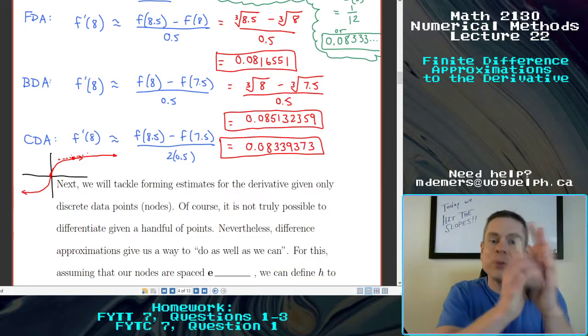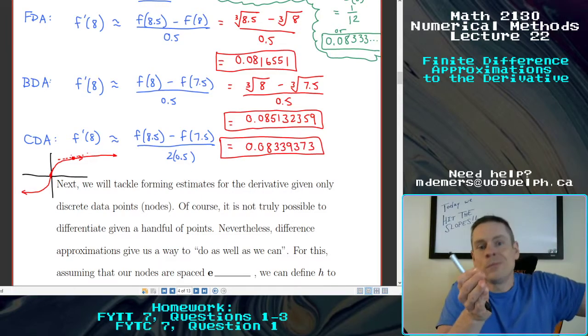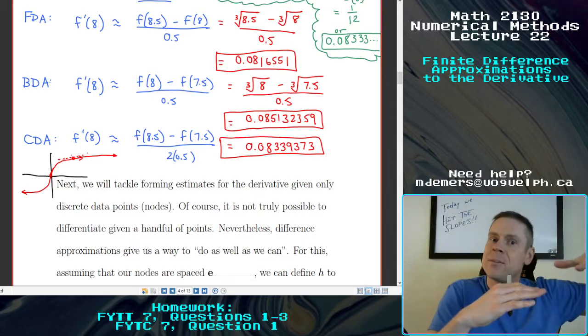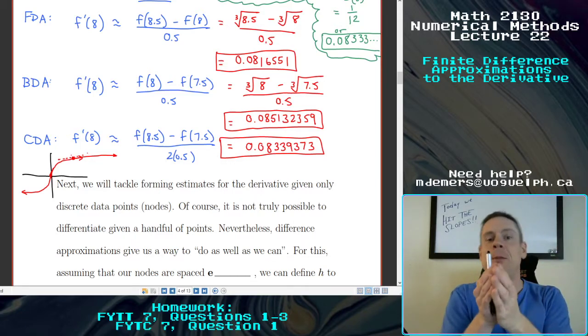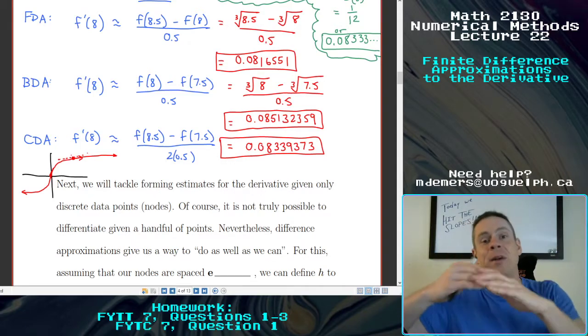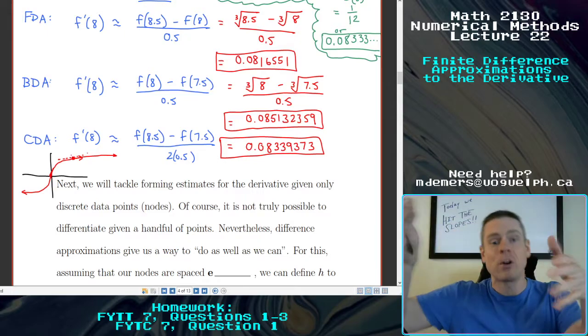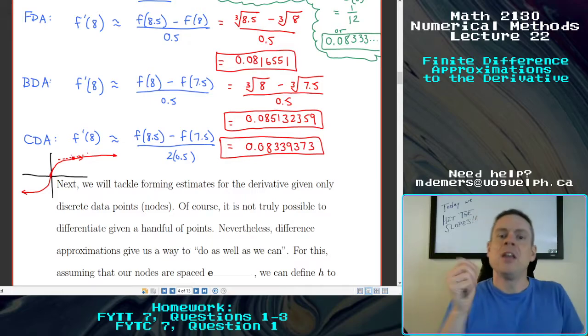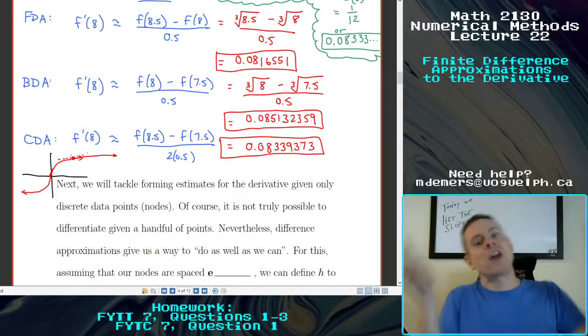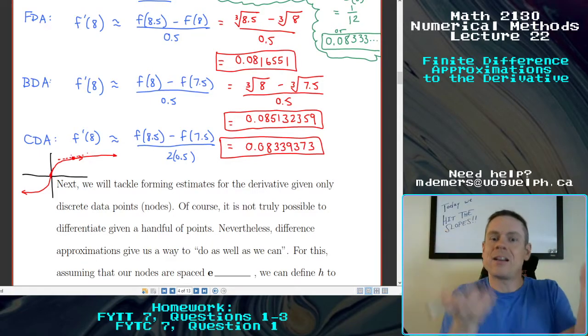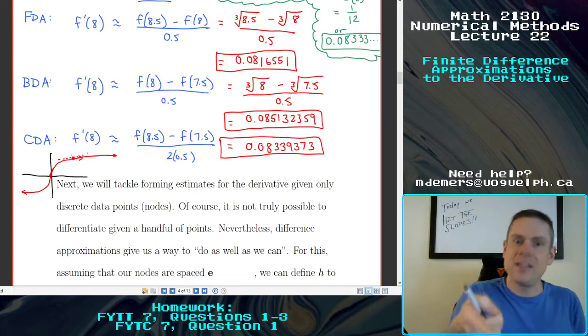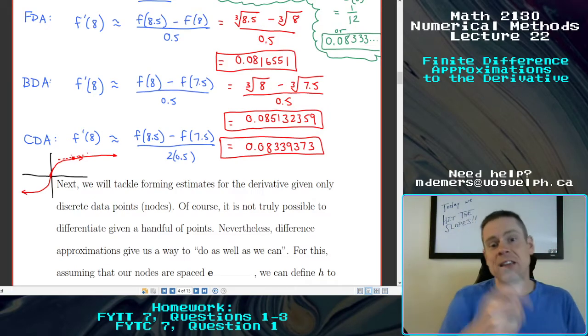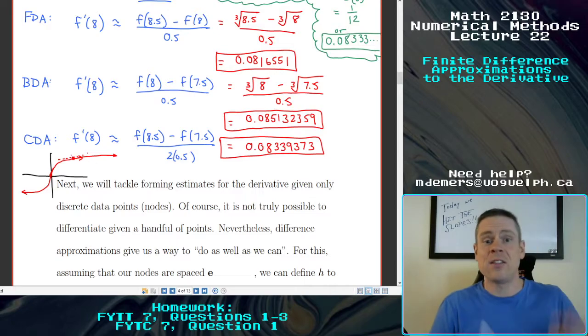And so if I take only a step forward to estimate, I'm necessarily going to get an underestimate for the true slope. And same thing if I'm looking backward, I'm necessarily going to get an overestimate for the true slope. So see, like depending on which approximation I take, it's kind of predictable what's going to happen. You can see that in our answers. In this case, we can see that the center difference is the best choice.